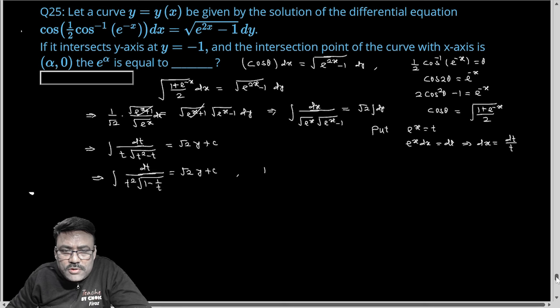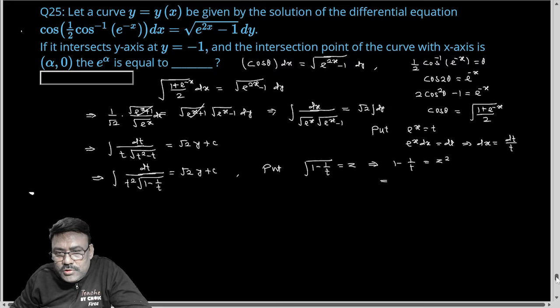Now let's substitute under root 1 minus 1 by t as z, or you can say 1 minus 1 by t as z square. Then the derivative will be 1 by t square dt equals 2z dz.